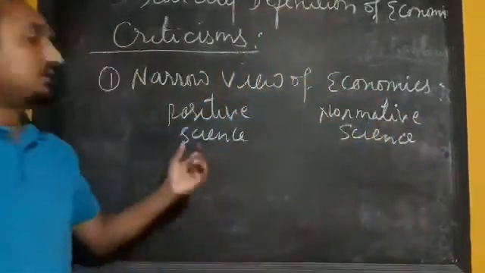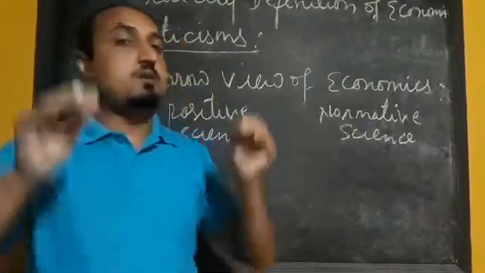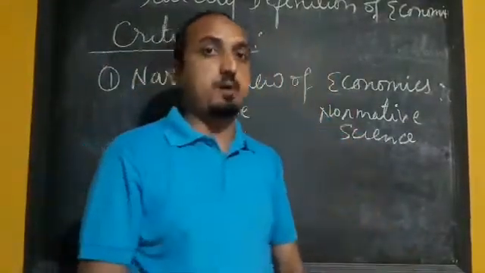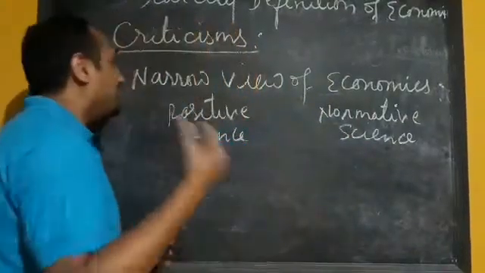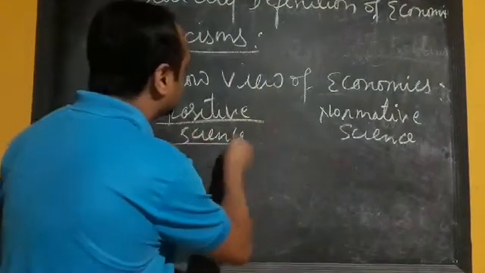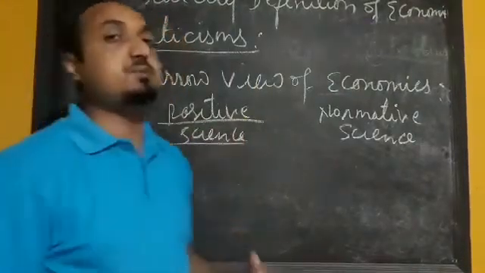Now listen, the definition of scarcity given by Professor Robbins has been criticized on the view that in his definition he has described economics as a positive science. So what is positive science?